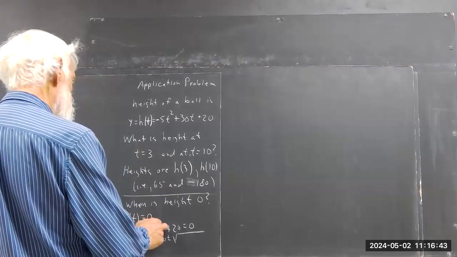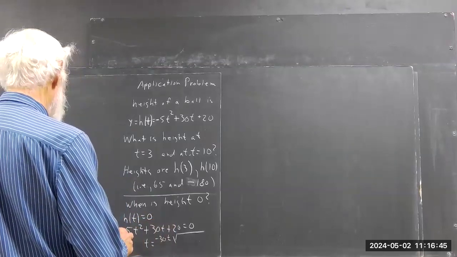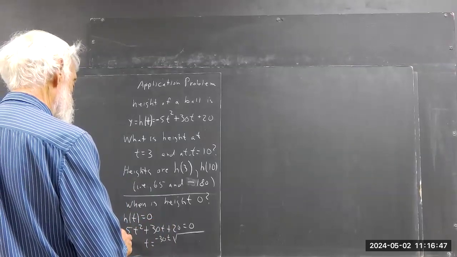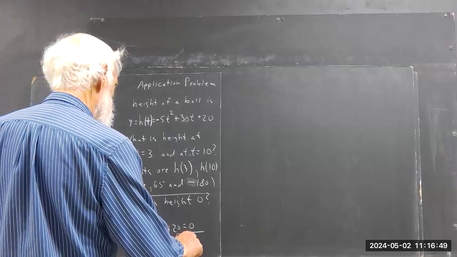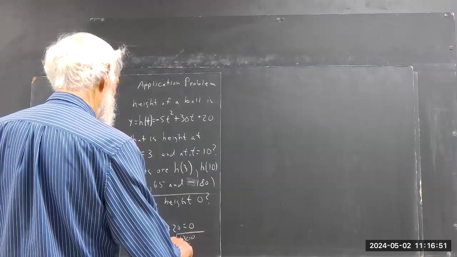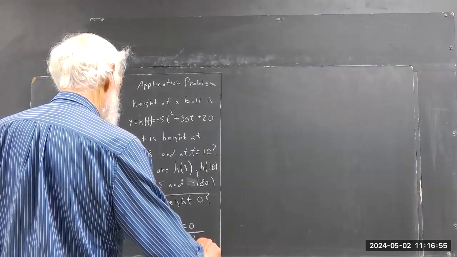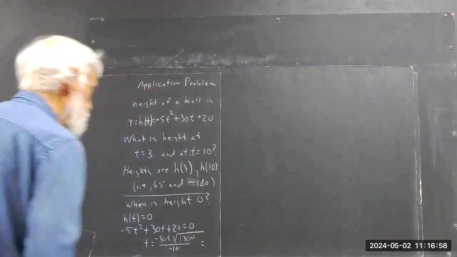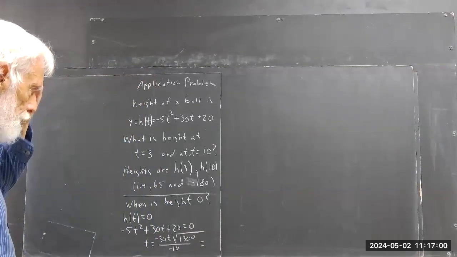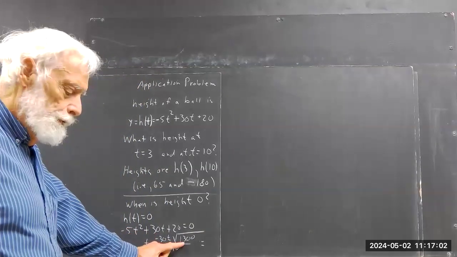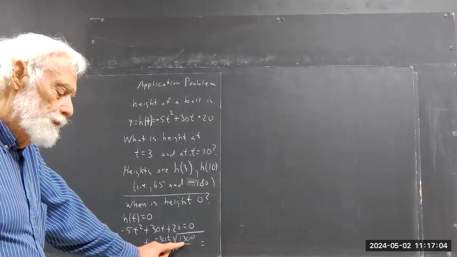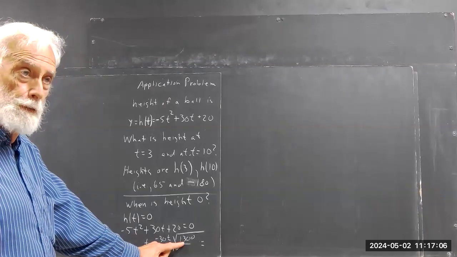You're going to have 900, and then you're going to have 400. So it'd be the square root of 1300 over negative 10. And you get two answers. Okay. Now the square root of 1300, well, 1300 is between 900 and 1600.